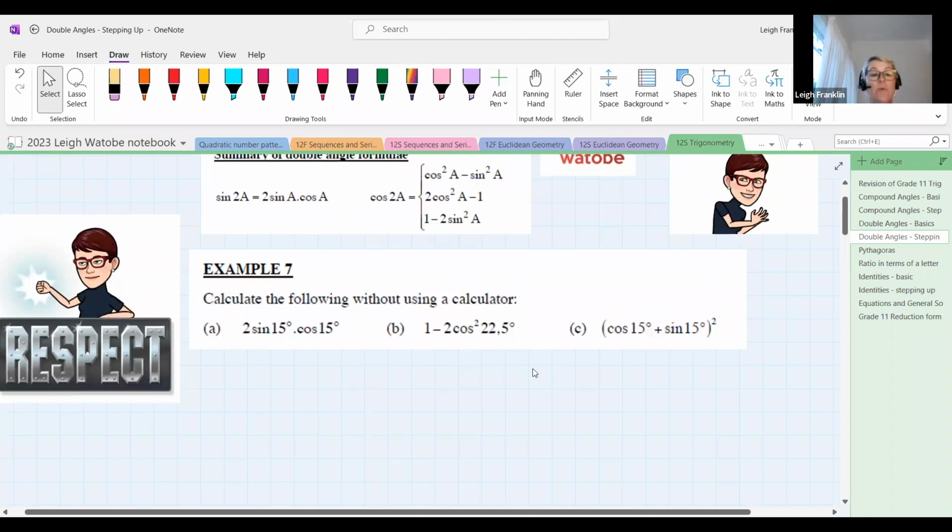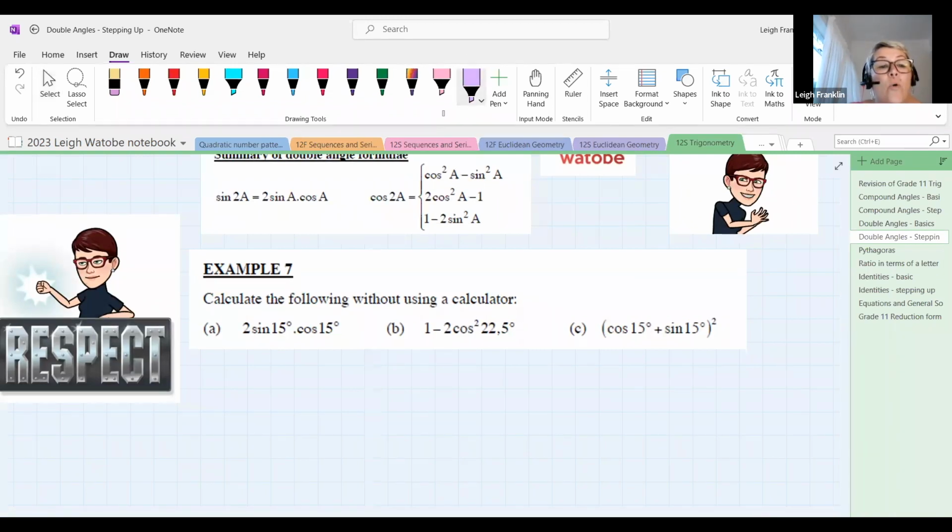All right, if we have a look at the first question A, what does it look like to you? Does it look like a sine double angle or a cosine double angle? A sine double angle, it certainly does. So what they have given you is here on the right-hand side.